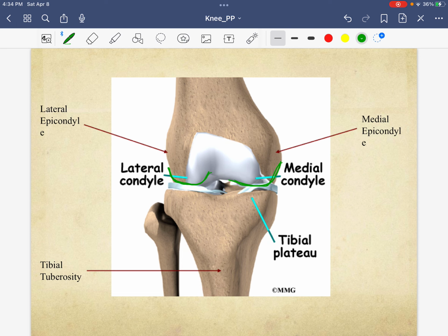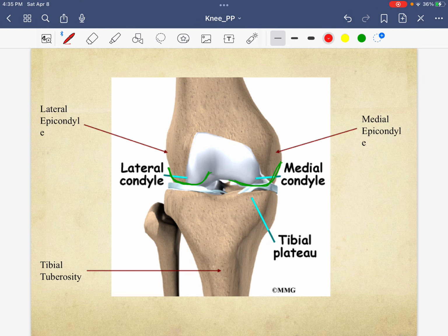They're important because it is these femoral condyles that articulate with the tibial plateau of the tibia. There's actually a separate portion that's higher called the epicondyle, or smaller rounded bump. These would be the femoral epicondyles, but you don't need to know those. We're just going to stick with the important ones that form the knee joint, the medial and lateral condyles.